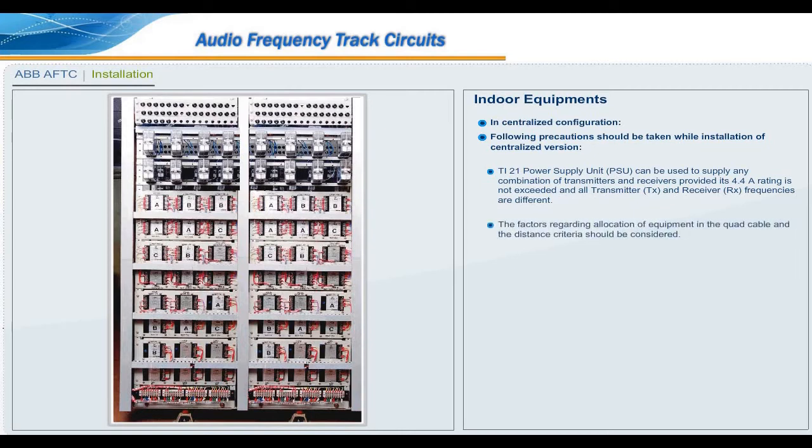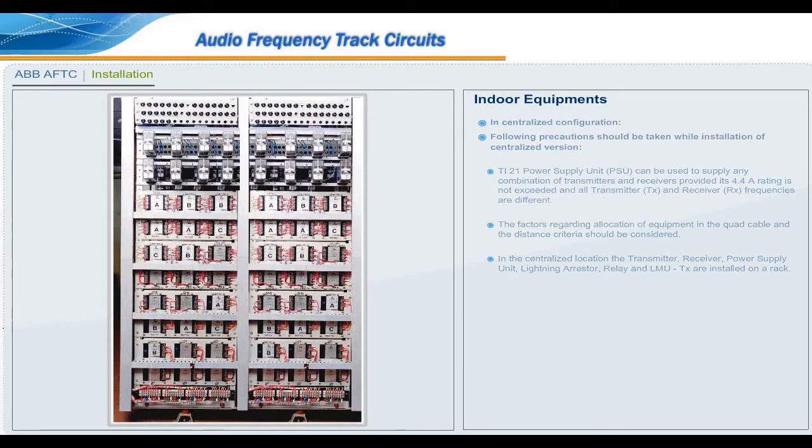The factors regarding allocation of equipment in the quad cable and the distance criteria should be considered. In the centralized location, the transmitter, receiver, power supply unit, lightning arrestor, relay and LMU-TX are installed on a rack.